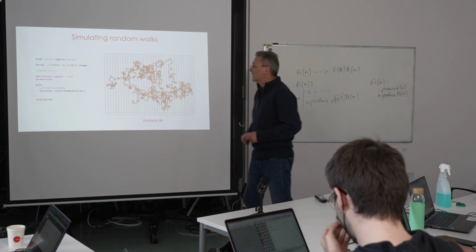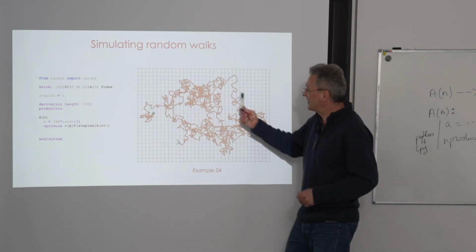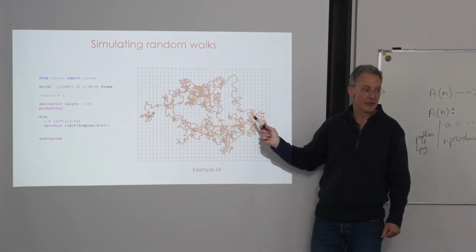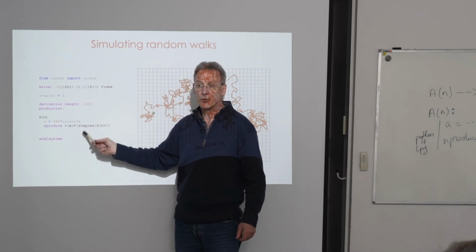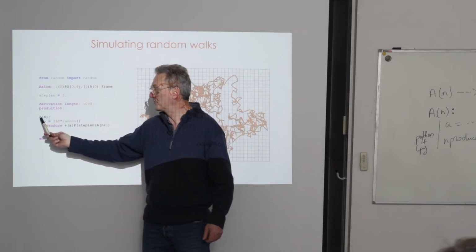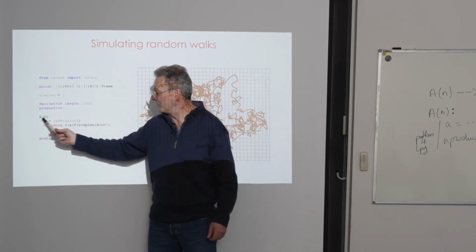Okay. So did you try this example 4? And you see that we start to obtain a quite complex behavior, still based on a very simple program. And you see that the structure of the program basically has not changed. It's a recursive rule.